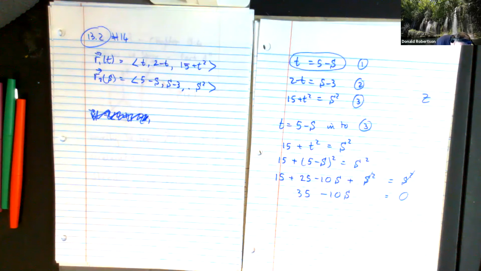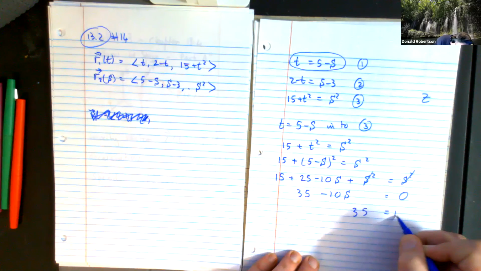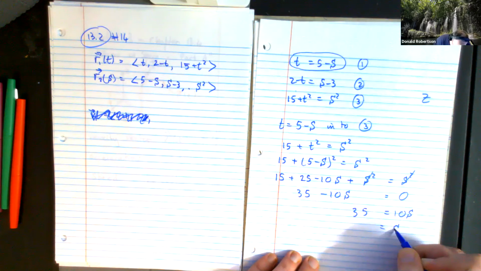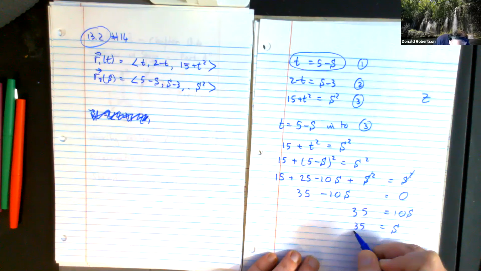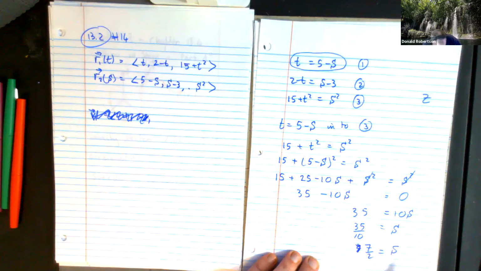And so if I add 10s to both sides, and then I divide by 10, I get s equals 7 halves. Don't like that answer, do not like that answer at all. I mean, I like the fact it's a number. I just don't like the fact that it's 7 halves.